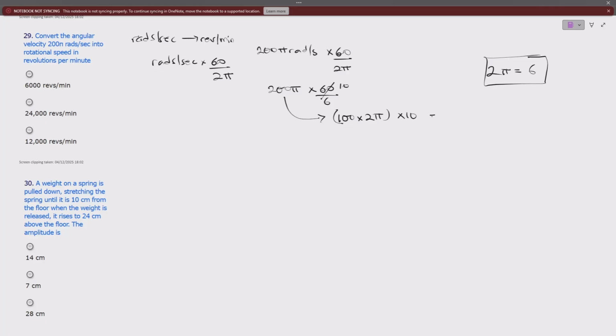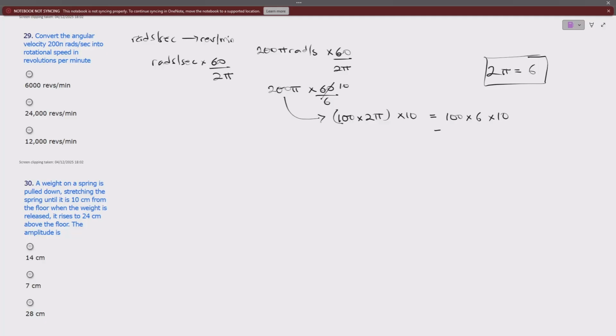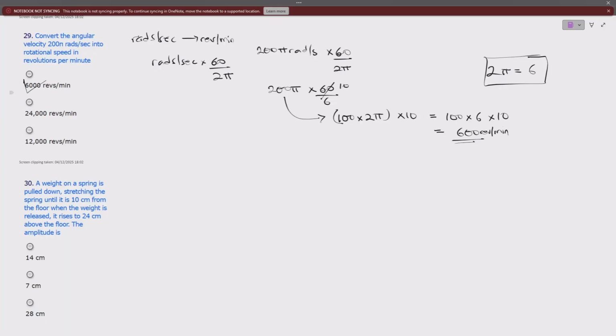That is going to give you 100 times 6 times 10. This will give you 6,000 revolutions per minute. That is the right answer.